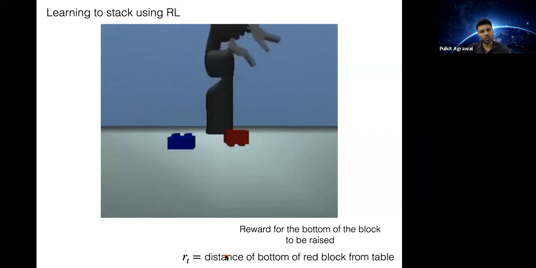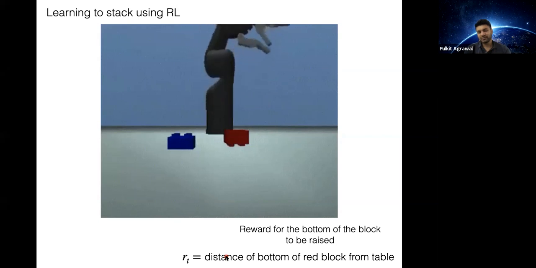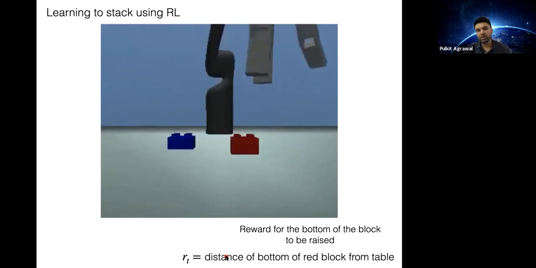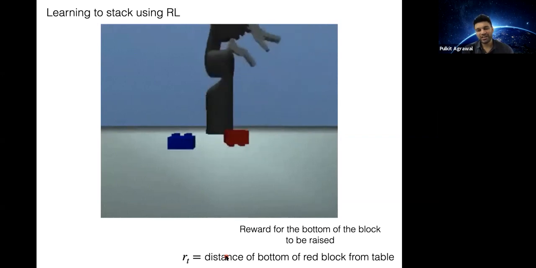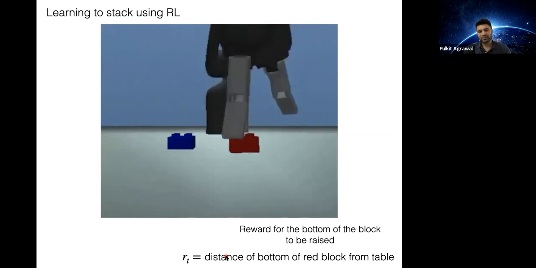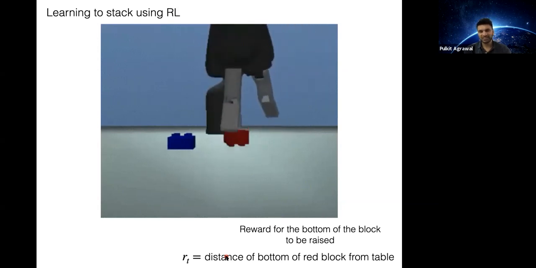It will just choose one of those strategies which is consistent with the reward function. So now, if it is flipping this block over, what do we do? If I really want this agent to lift the block, what would I do? Any suggestions?